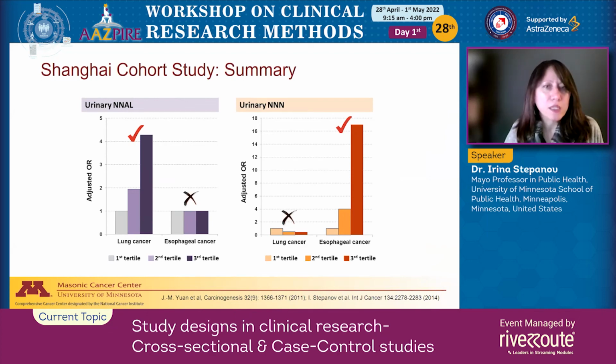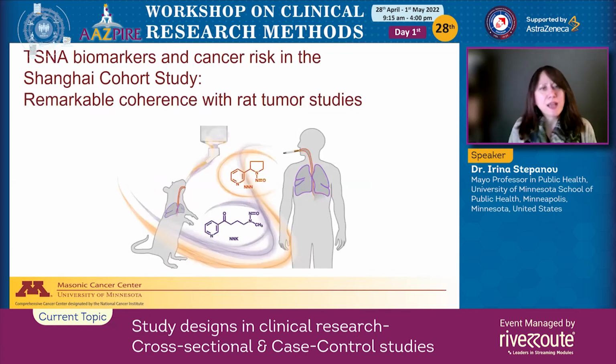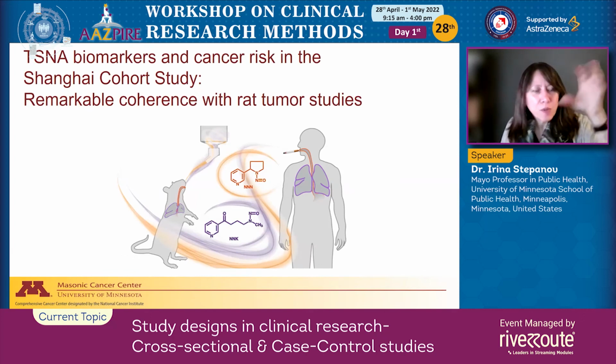And for exposure to NNN, we saw very strong association with esophageal cancer, but not lung cancer. So this is an example where you can do this type of study and actually provide an important missing piece of information. In this case, we found remarkable coherence between animal studies and human studies. So pretty much humans are at the same risk for the mechanism of action of these carcinogens.